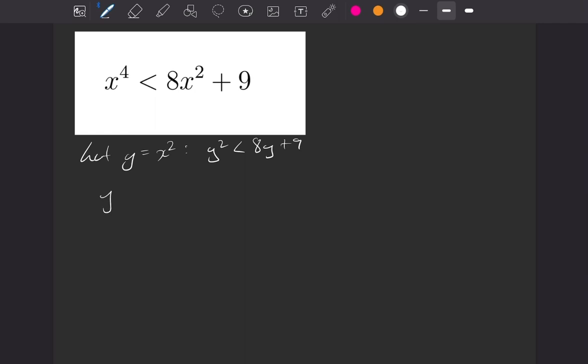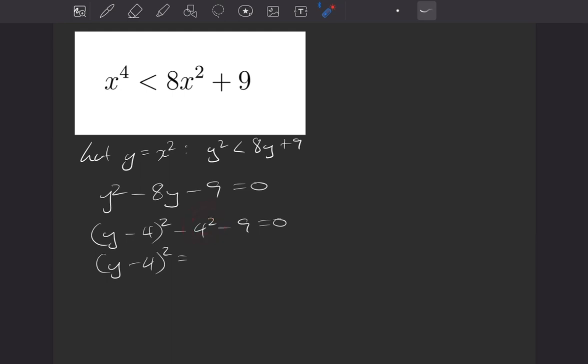We're going to have y squared minus 8y minus 9 is equal to 0. And what we're going to get then is (y minus 4) squared minus 4 squared minus 9 is equal to 0. And then if we evaluate this number over here, what we have is that (y minus 4) squared is equal to 16, the 4 squared, plus the 9.